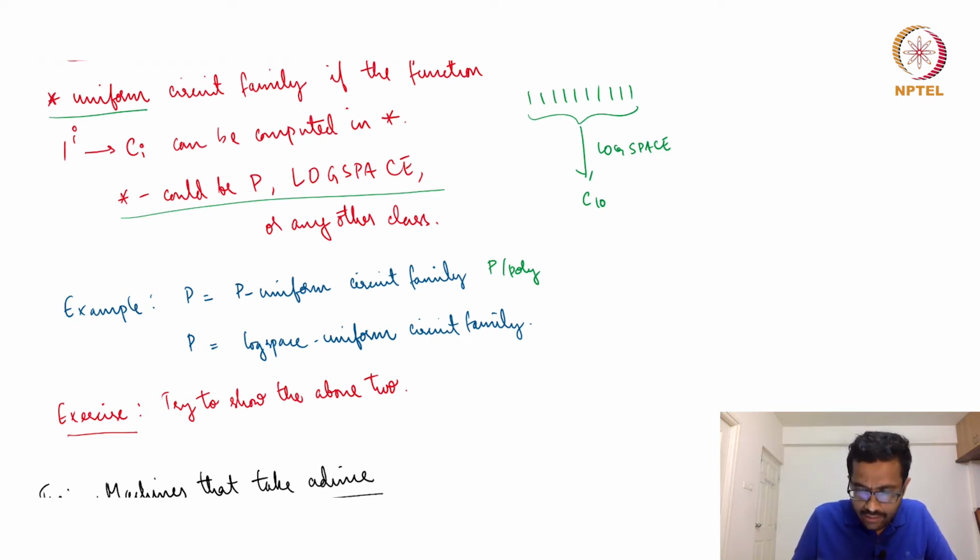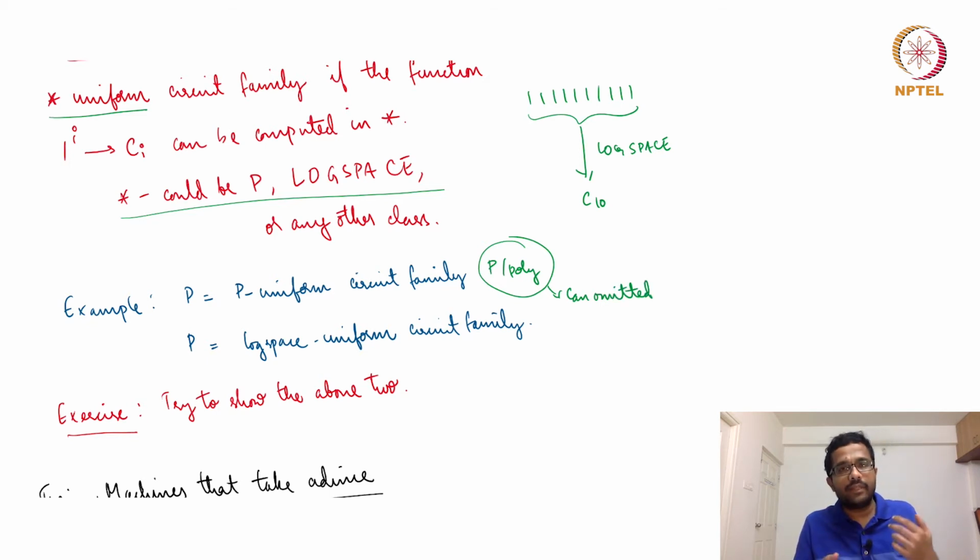In fact, this mention of P by poly can be omitted, because any circuit family that can be generated in polynomial time will necessarily be of polynomial size, since in polynomial time we cannot hope to output an exponential size circuit.